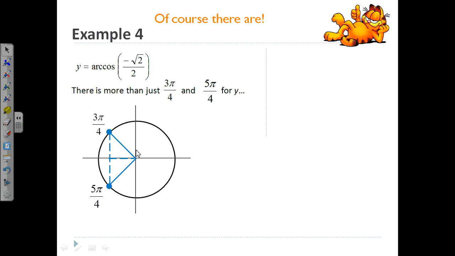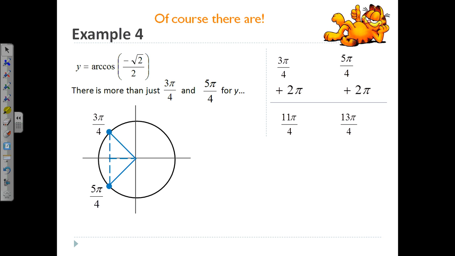Maybe we wanted to go this way. And then we still ended up here. And if you got that new angle measurement and you took the cosine of it, you still got negative root 2 over 2. Well, what we can do is we can add 2 pi to each of these answers, and we get 2 more answers, 11 pi over 4 and 13 pi over 4.